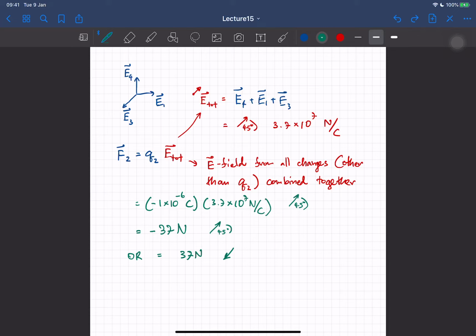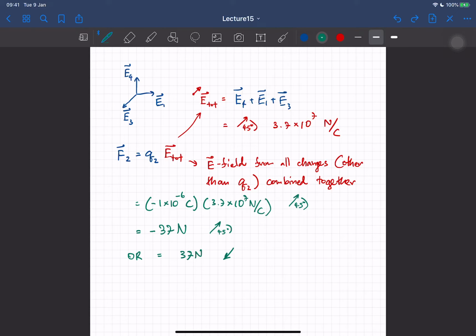But this is a different way of calculating, in that you calculate the electric field first, and then you put in the last step to be this. Why this is more convenient is because you can replace Q2 with any other charge, and you don't need to repeat the calculation again.